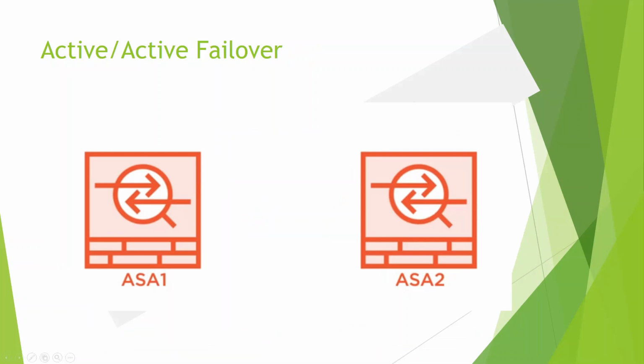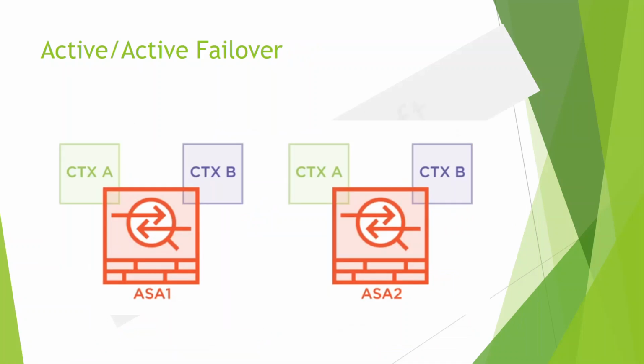We have ASA 1 and we have ASA 2, and these devices are going to operate in multiple context mode. Now remember, in multiple context mode, what we end up with is more than one virtual firewall operating at the same time. So let's say that we have CTX-A configured on ASA 1 and 2. And then let's say we have CTX-B, and CTX-B is operating on both ASA 1 and ASA 2.